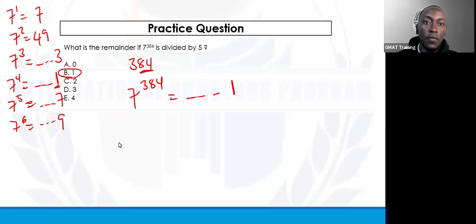So the remainder of 7 to the power 384 when divided by 5 will be, if it ends in 1, the closest smaller number is one ending in 0, which is divisible by 5.